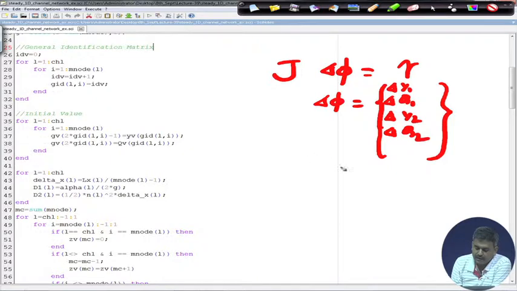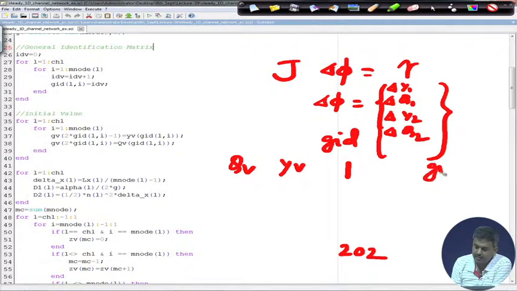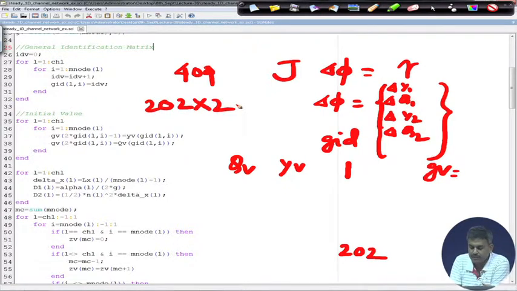If my assignment of GID is ranging from 1 to 202, now this one is valid for y, v, which is y value, and q value, but in case of GV, which contains both y and q, I need 404, that means 202 into 2 number of variables.